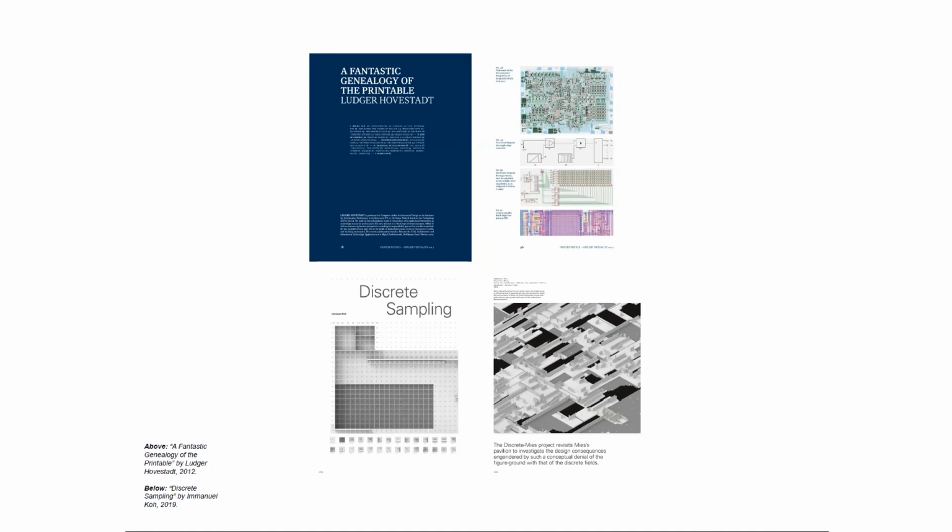I would recommend it. And then another one, which is a little bit off the topic for this input, but definitely in the topic for the whole course. I just forgot to give it to you before, so I decided to include it now. It's from Ludger Hovestadt, called A Fantastic Genealogy of the Printable. It's a very nice article about the relationship between the printing industry, the printing press, and ideas coming all the way from the Renaissance and Enlightenment period into the digital age.